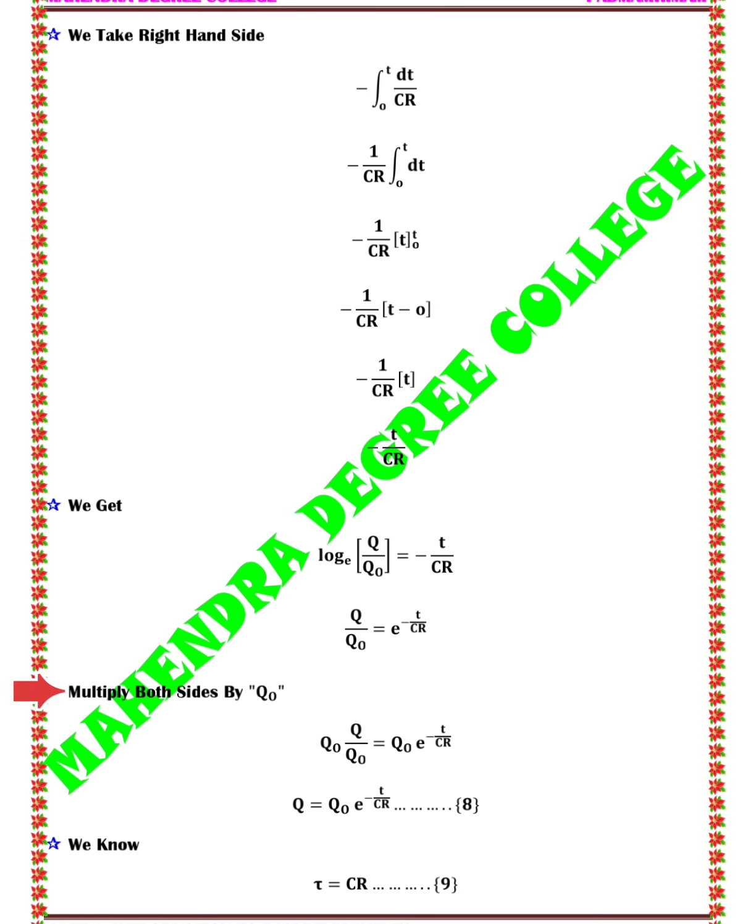Multiply both sides by Q naught, that is Q naught into Q by Q naught equals Q naught into e power minus t by CR, where Q naught and Q naught cancel on the left hand side.